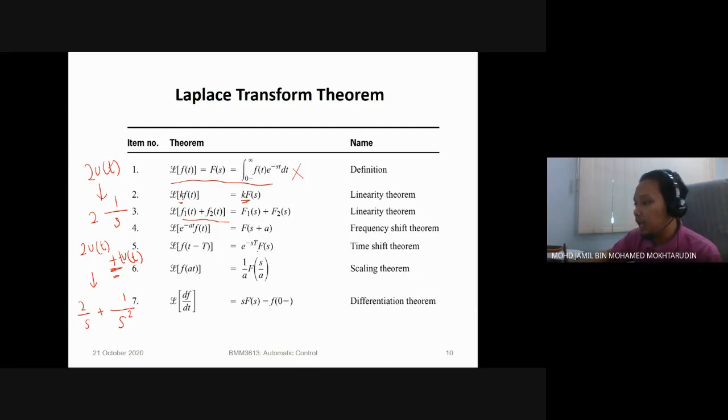Here is the time shift theorem. If you have a time shift, let's say t minus 3, u(t minus 3), in the frequency domain you just multiply with the exponential of negative 3s, for this case.